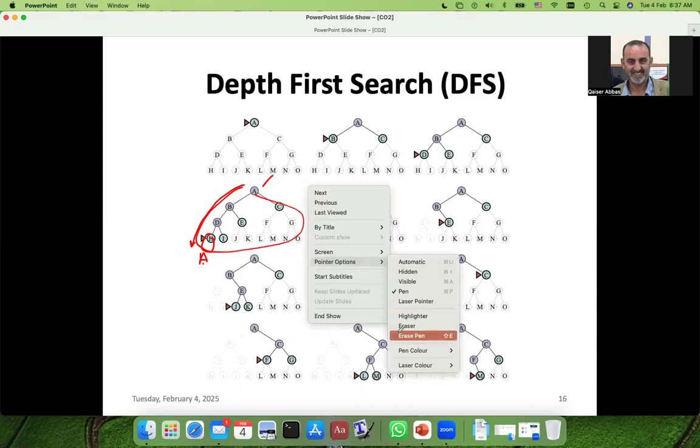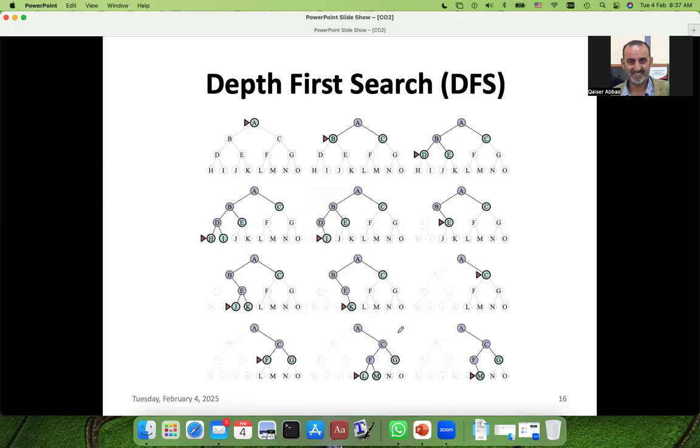So anyhow, there is a problem in DFS: if your depth is infinite and the solution is available after that infinite state, then you will not reach it.